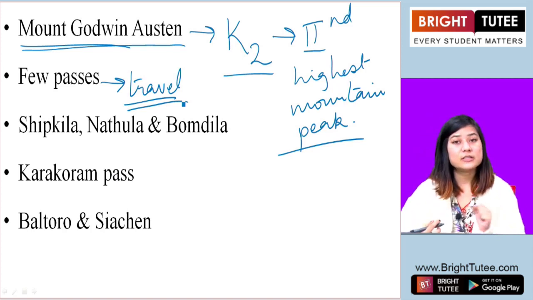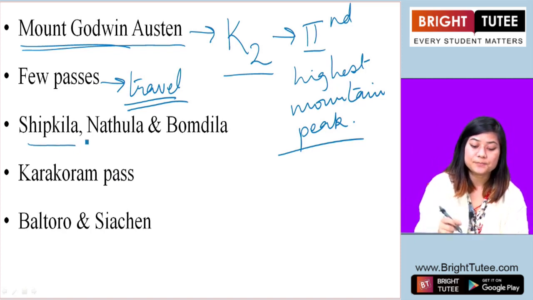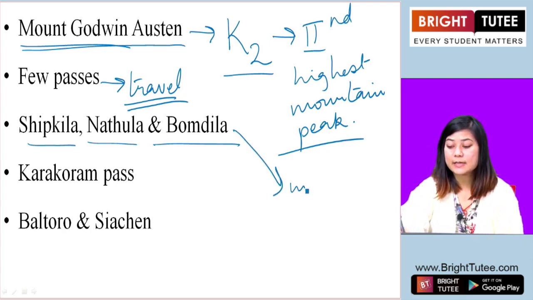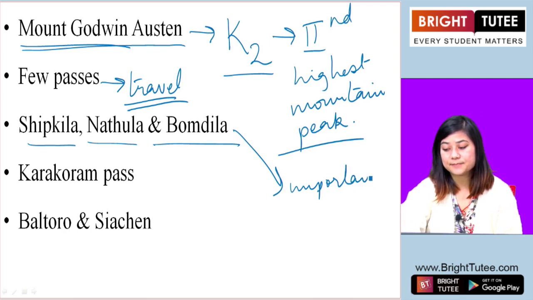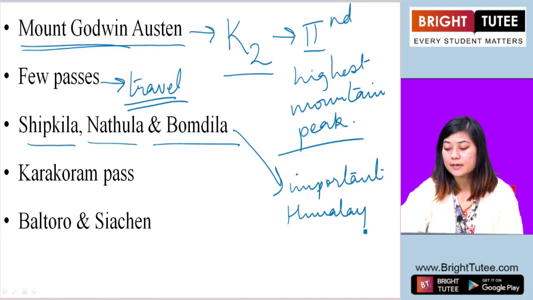Okay, so these few passes are known as Shipkila, Nathula, Bomdila. These are very popular and important Himalayan passes.